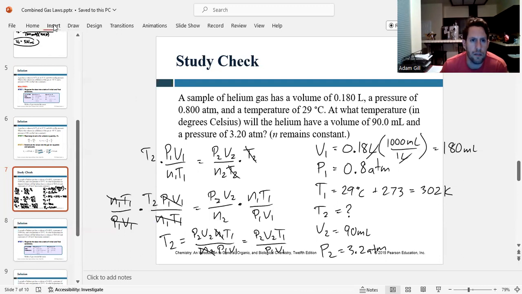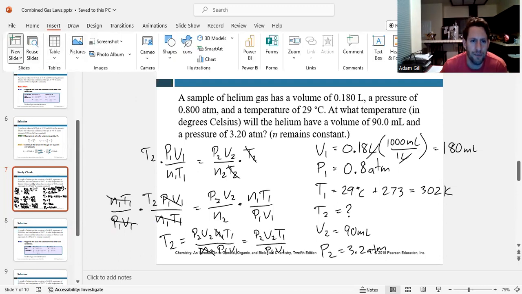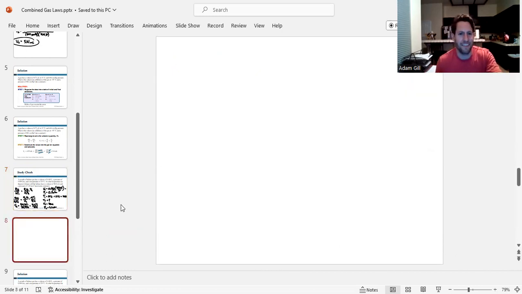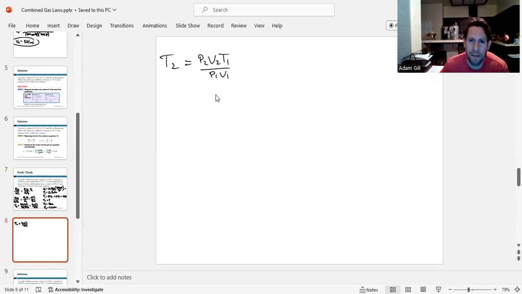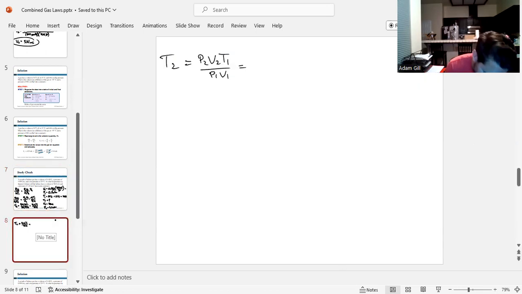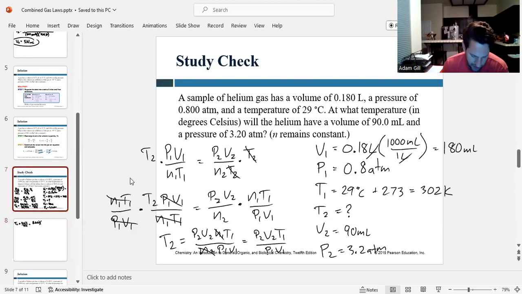Now let's get a new slide here so we have more space to write. So we had T2 equal to pressure 2, volume 2, temperature 1 over pressure 1, volume 1. Let's plug in our numbers. Pressure 2 was given as 3.2 atmospheres. Volume 2 was given as 90 milliliters.